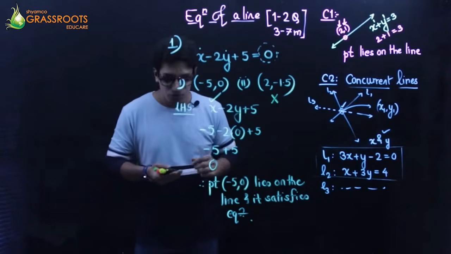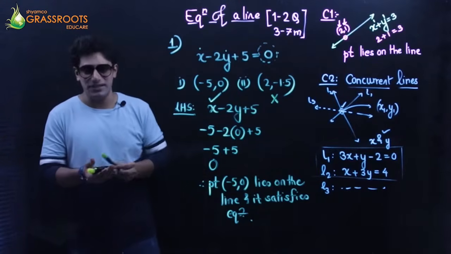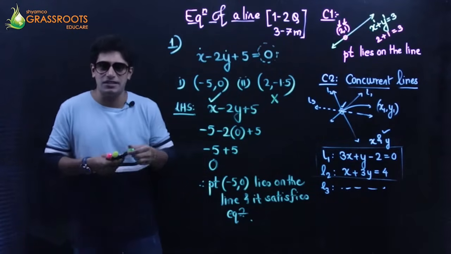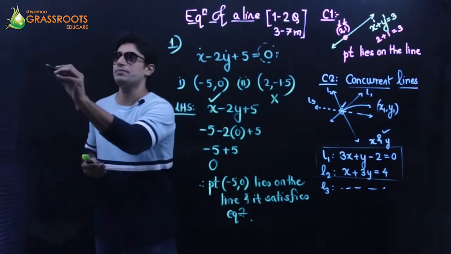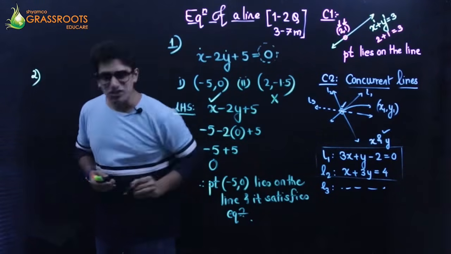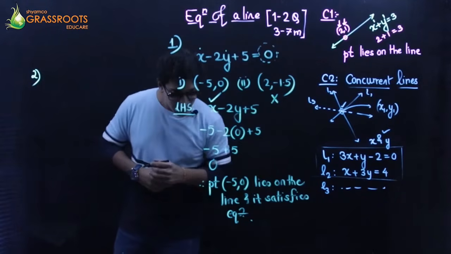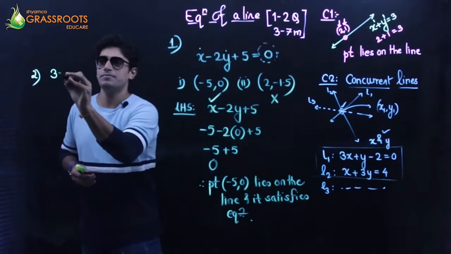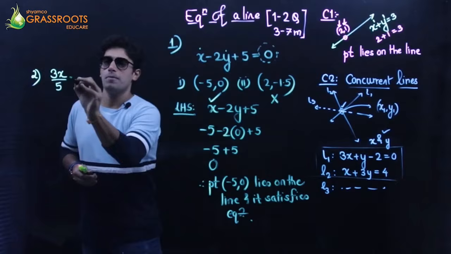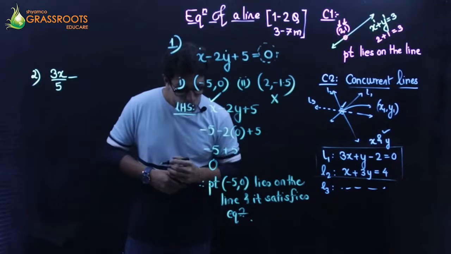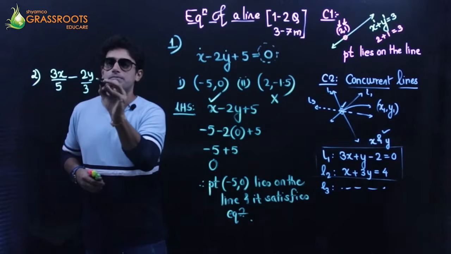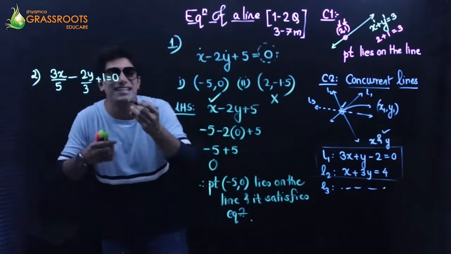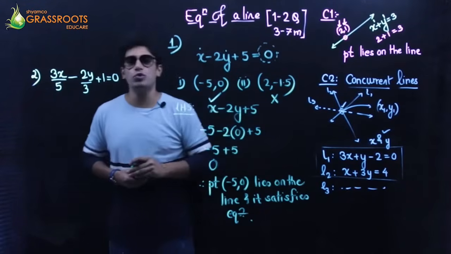Talking about the next question. There is a line given. So let's start writing the line and then I will simultaneously read the question. You can obviously see the question popped up out here. The question is, the line 3x upon 5 minus 2y upon 3 plus 1 equal to 0 contains the point m comma 2m minus 1.